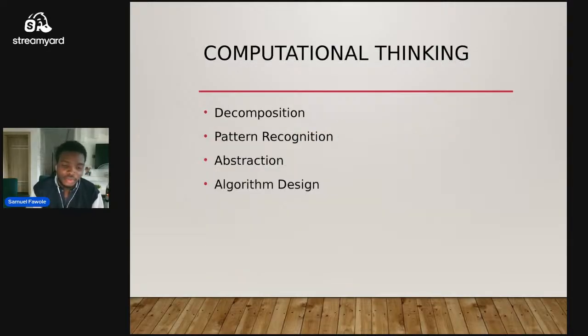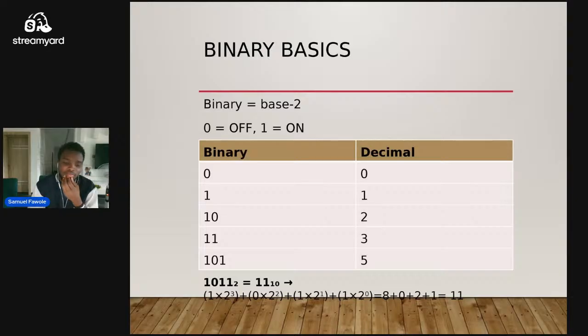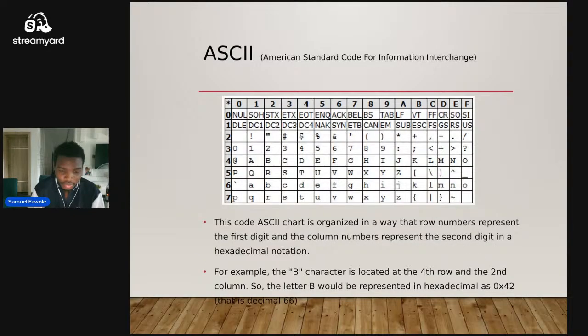So, binary basics. We're going to talk about binary basics, because all our programs get compiled or interpreted to machine code, which also gets interpreted down to binary. Binary is very important because this is all the computer really understands.